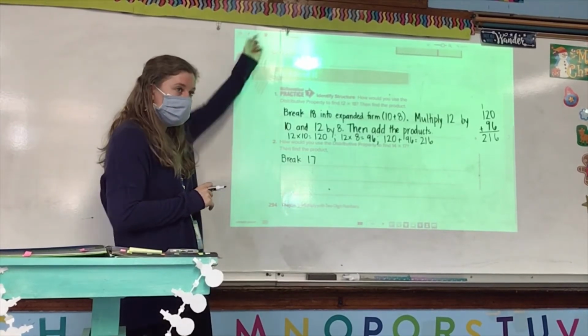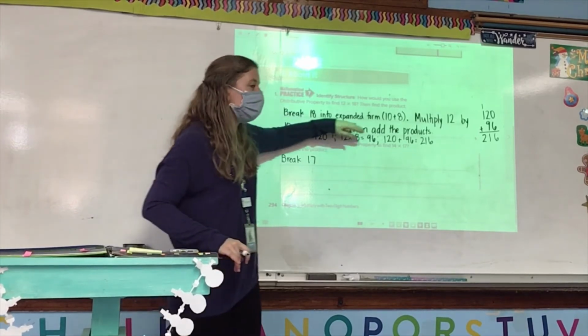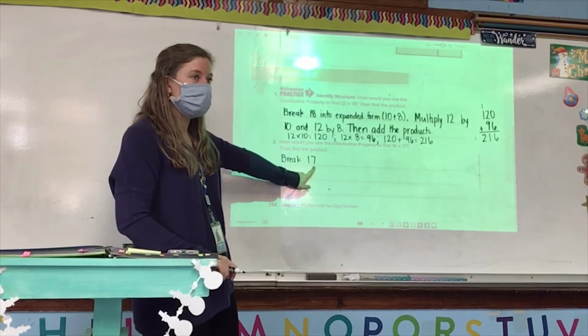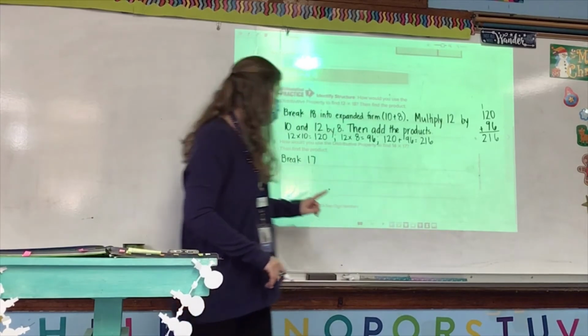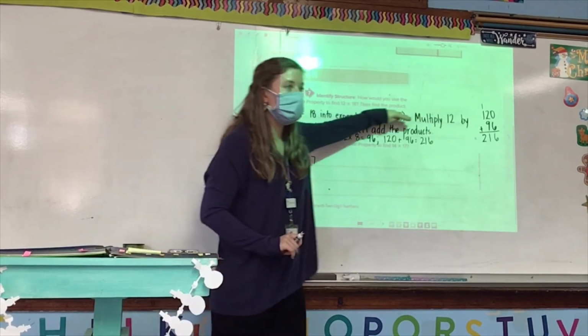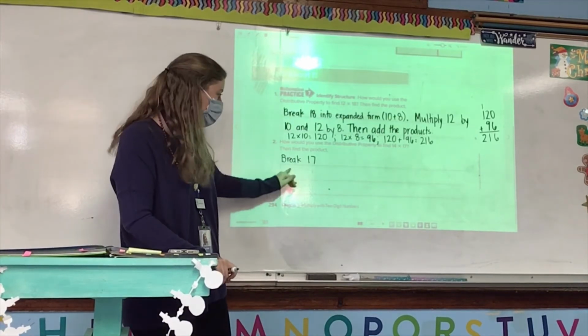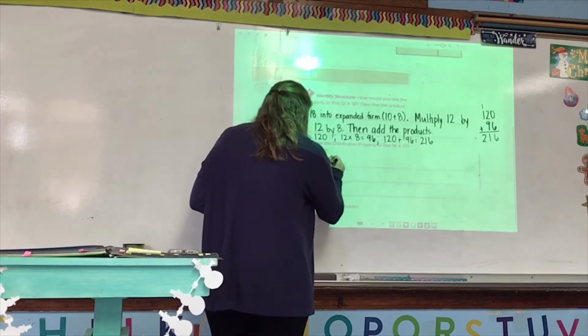Look, Mason. We're rewriting. Look at number 1. We are writing the exact same thing, just instead of writing 18, we're changing it to 17. And instead of writing 12, we're going to write 14. So, let's rewrite exactly what this says, but replace it with the correct numbers. So, break 17 into expanded form.